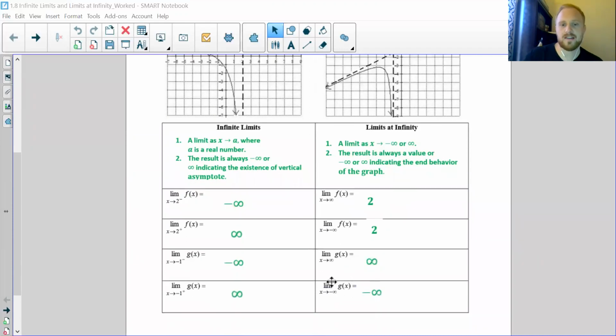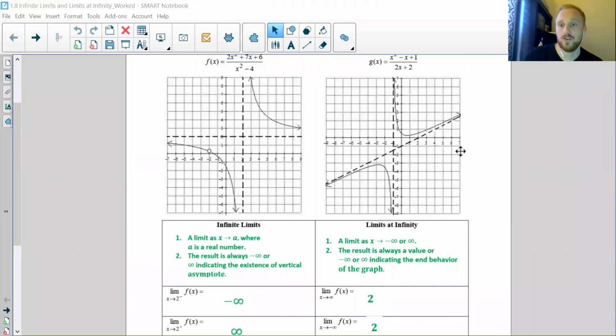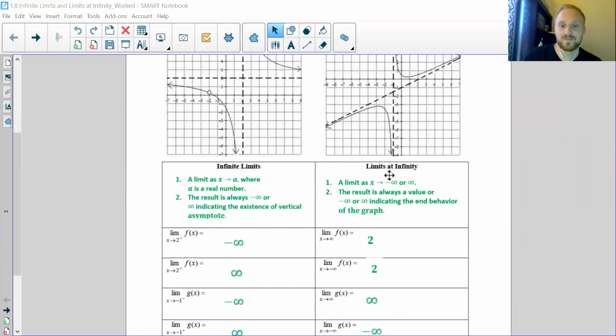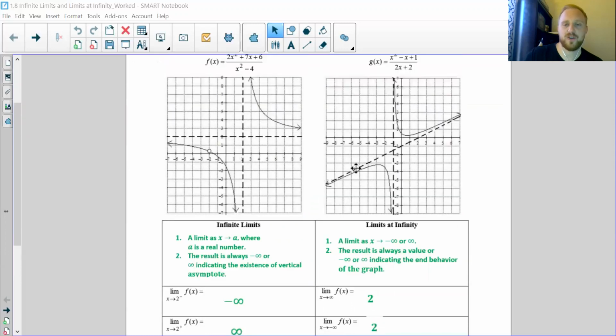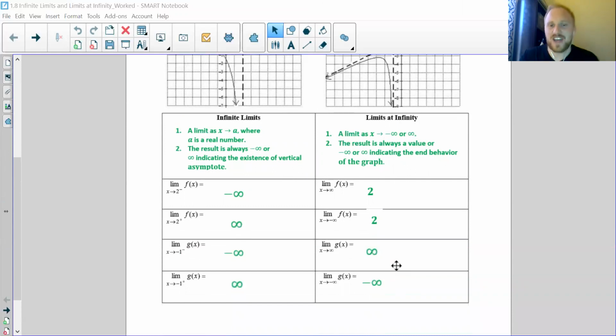As x approaches positive infinity, the limit is going to infinity. For f of x, the limit as x goes to positive infinity is 2, and as x approaches negative infinity, it's also going to 2. So make sure you look at the right function that represents the graph.